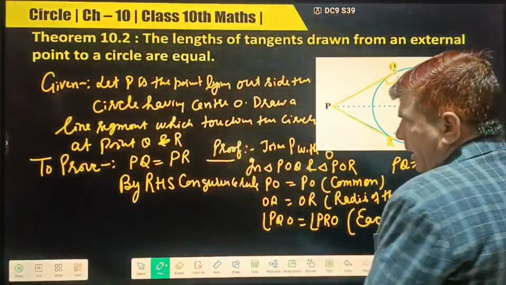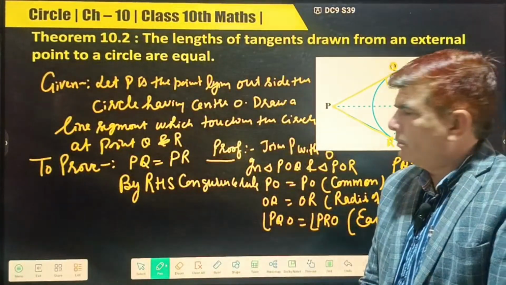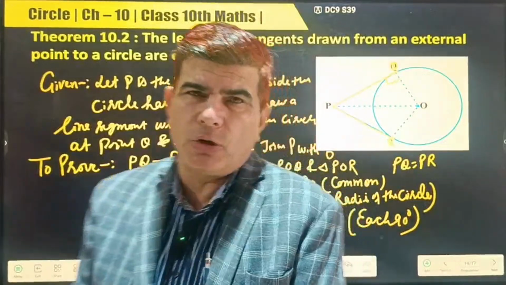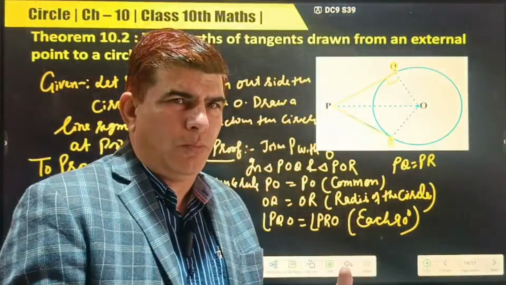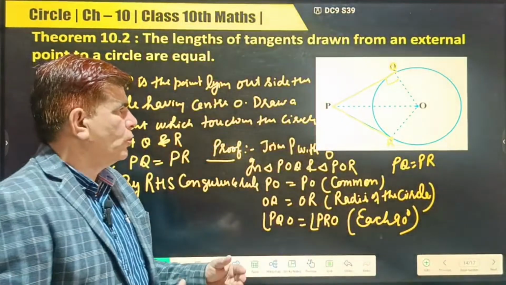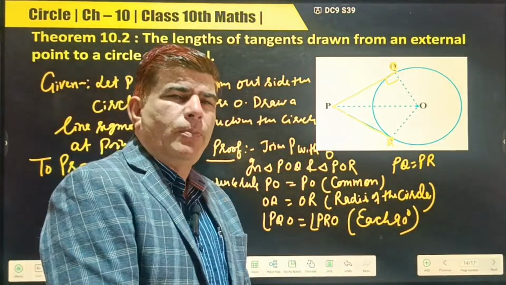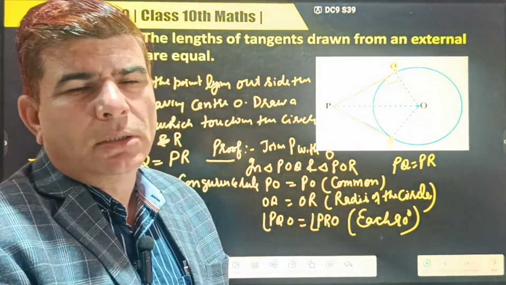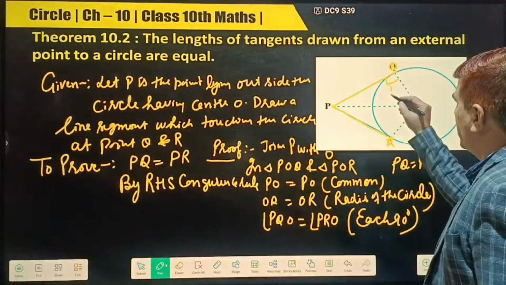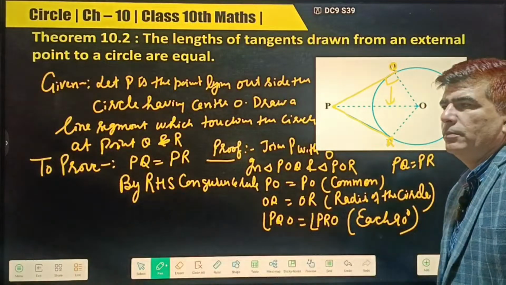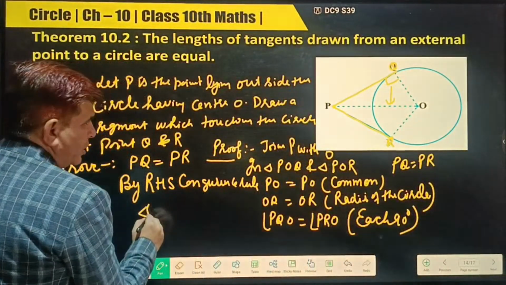If one angle is 90 degrees in both triangles, and the hypotenuse is also equal in both triangles, then by applying any method, if you can prove any one side equal, either base equal to base or perpendicular equal to perpendicular, then the two triangles are congruent. So if this is 90 degrees, then definitely this one is the hypotenuse. So by RHS, what can we say? Triangle, which triangle?